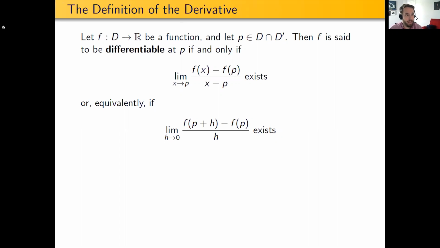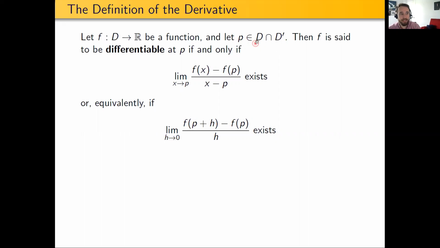This is the same, maybe the language is a little more technical, but it's the same definition that you would have seen in Calculus 1. So we're taking a function that is defined on a domain D, and we're going to focus on a specific point, P, that is both an element of the domain and also an accumulation point of the domain.